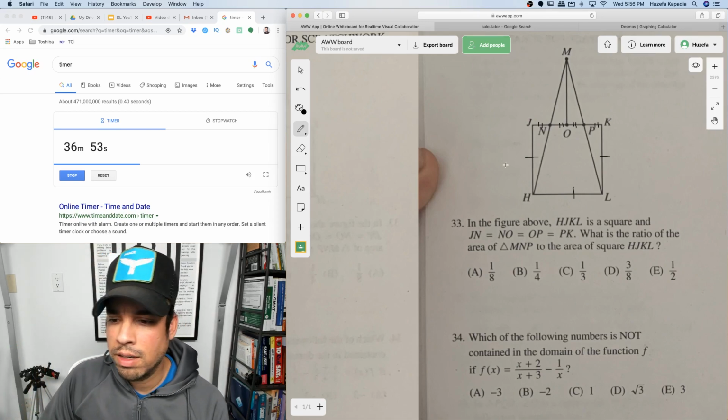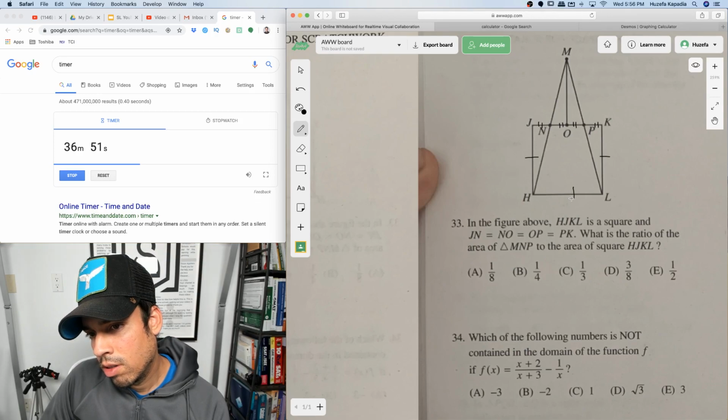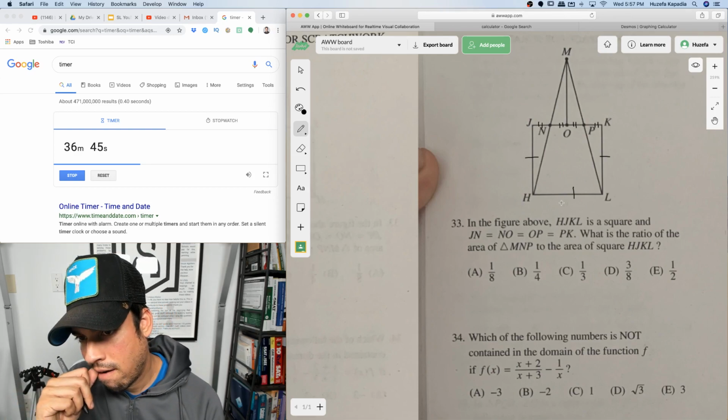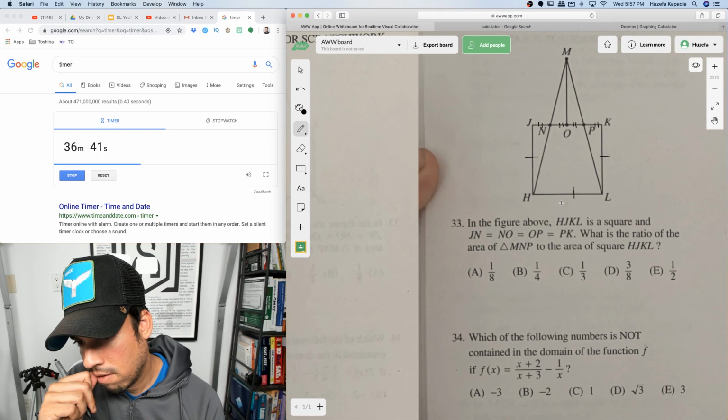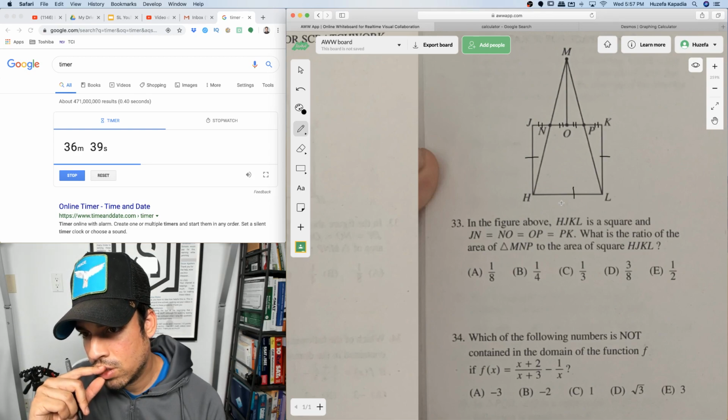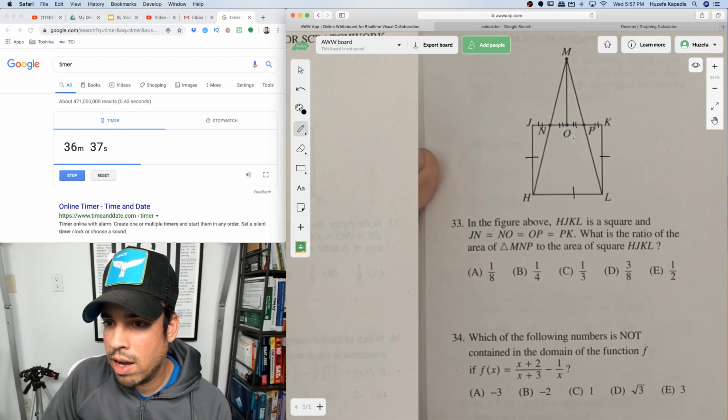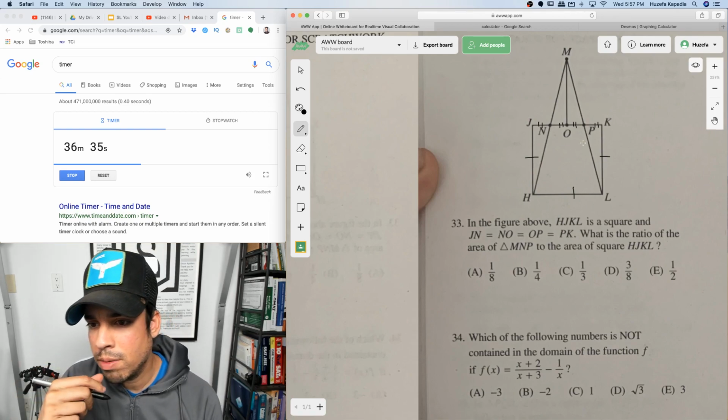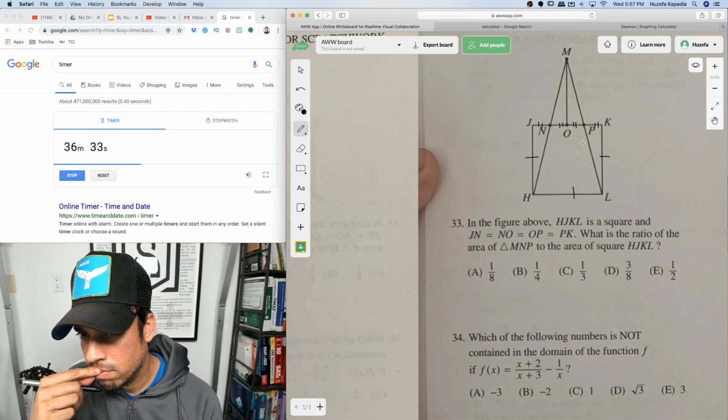Okay, I got it. Can we assume that OM is the same height as this? We must be able to somehow. Didn't say that.